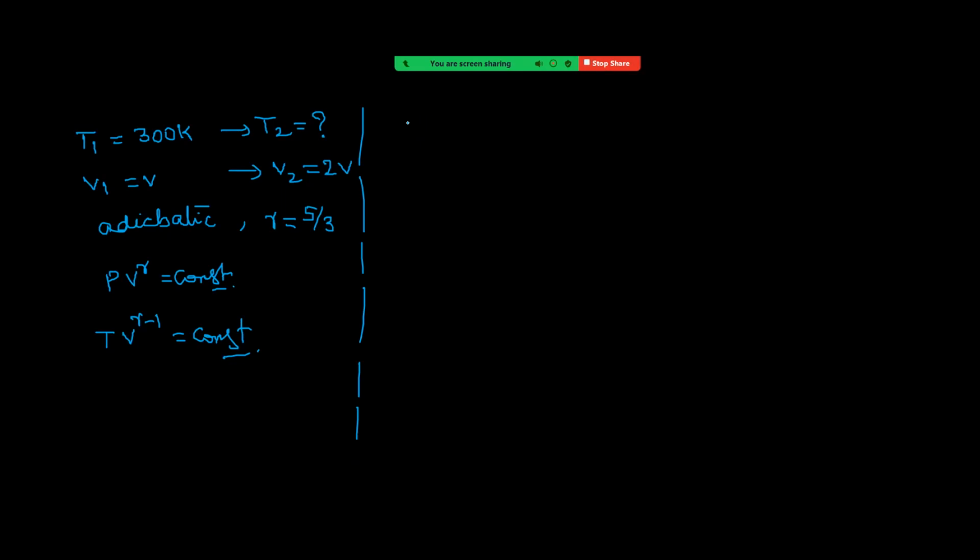So I can write here T2 into volume 2V whole power gamma minus 1, that is 5 by 3 minus 1. 5 by 3 minus 1 is 2 by 3. That is equal to T1, that is 300, into V power 2 by 3.